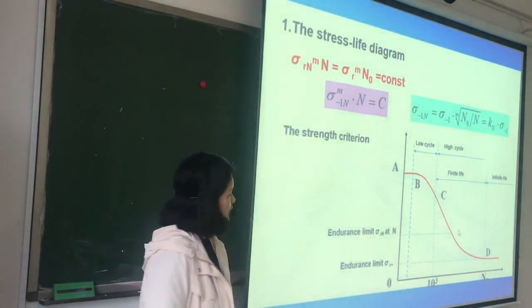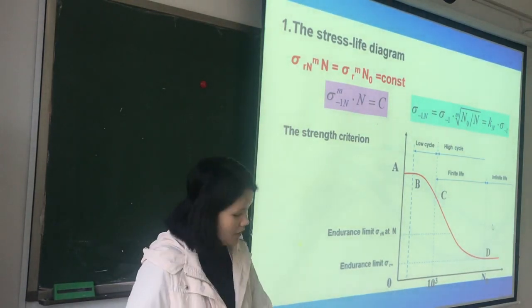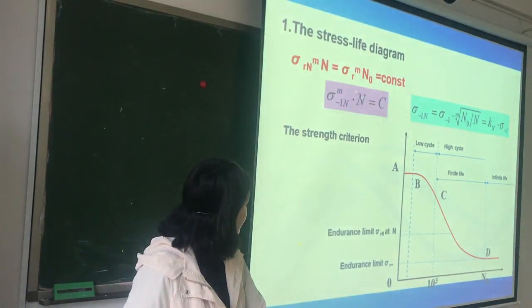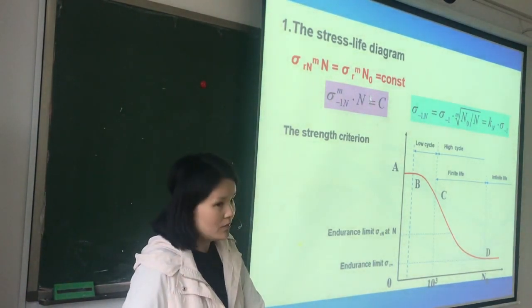in this curve, it indicates that for a stress level sigma, we can have a number of cycles to fatigue N, and we have this equation.